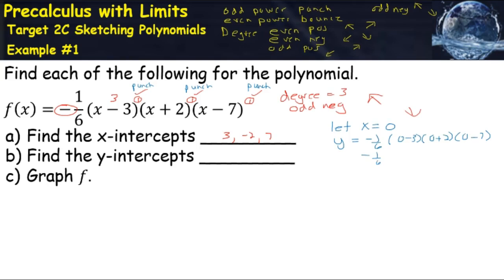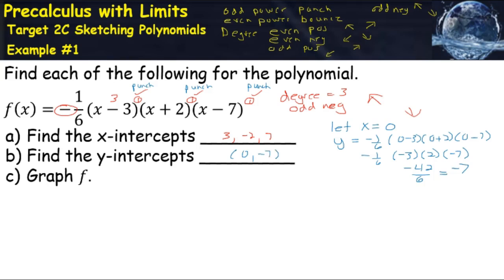I get -1/6, times -3, times 2, times -7. So -1 times -3 is +3, times 2 is 6, times -7 is -42. So I get -42 over 6, which is -7. So my y-intercept is (0, -7).